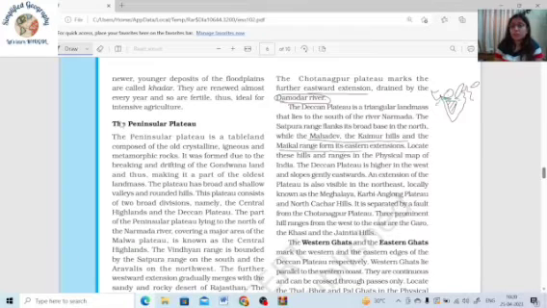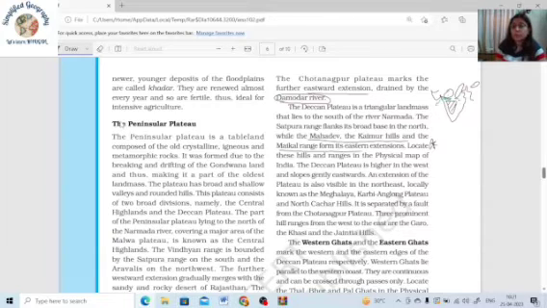Later on we will definitely try to locate these in the map, the hills and ranges in the physical map of India.